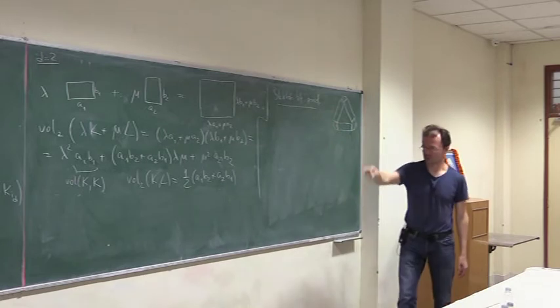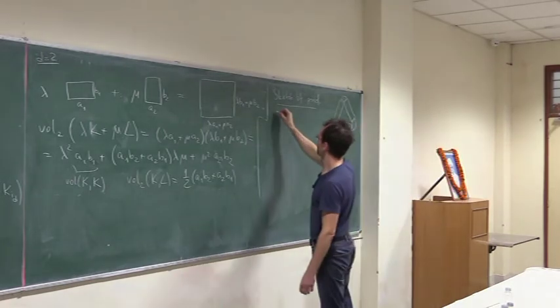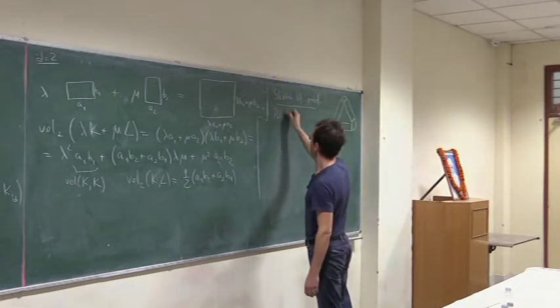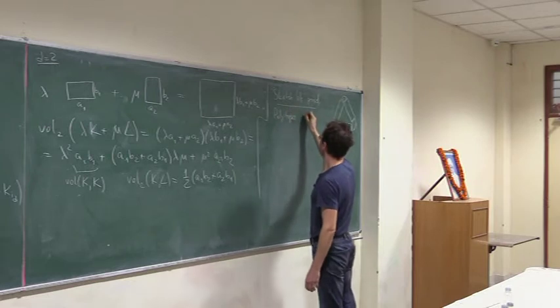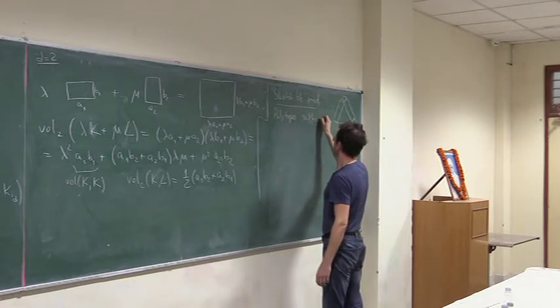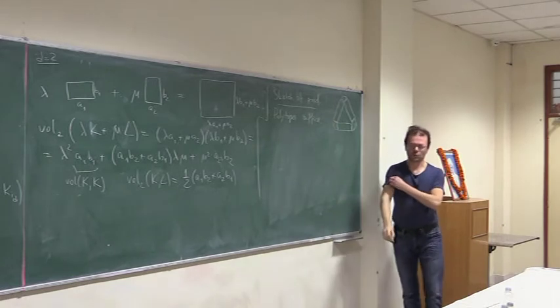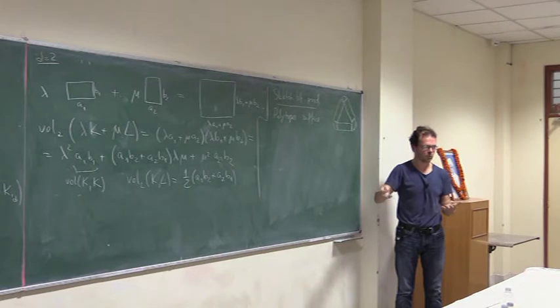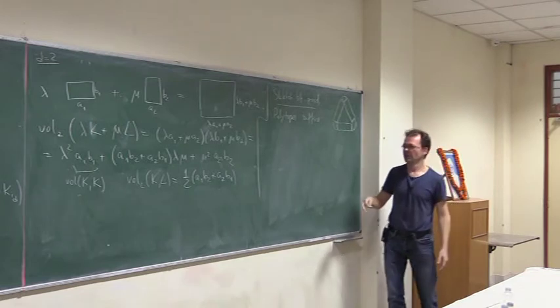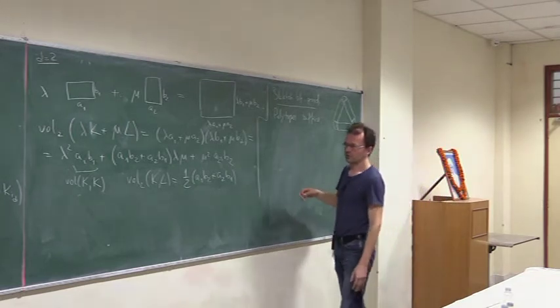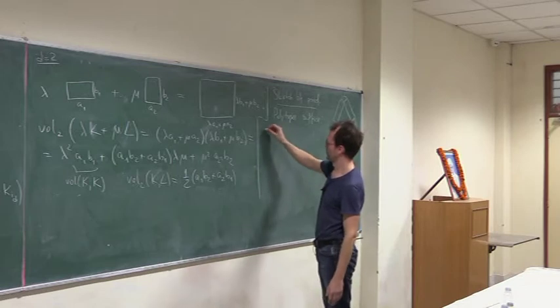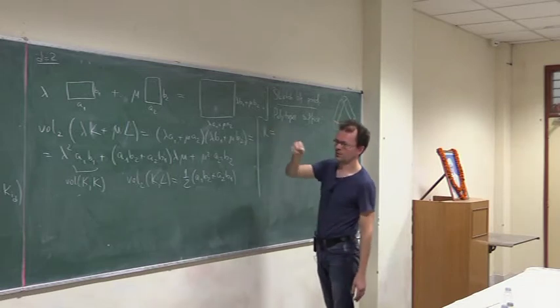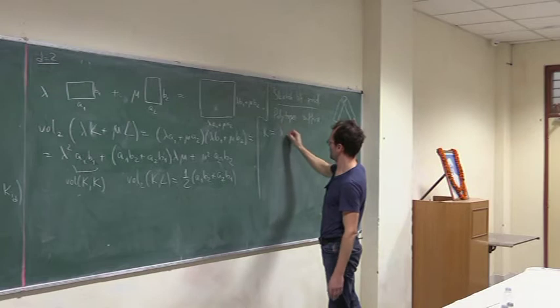So first, it suffices to prove that for polytopes. It is exactly like with the Steiner formula. We proved it for polytopes, and then by approximating any convex body by polytopes, we got the general case. And for polytopes, we take K, we denote by K this combination.